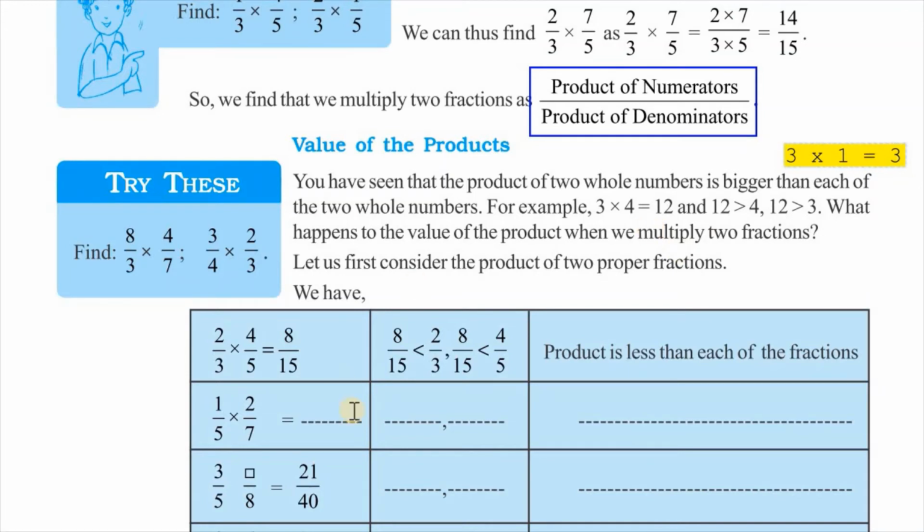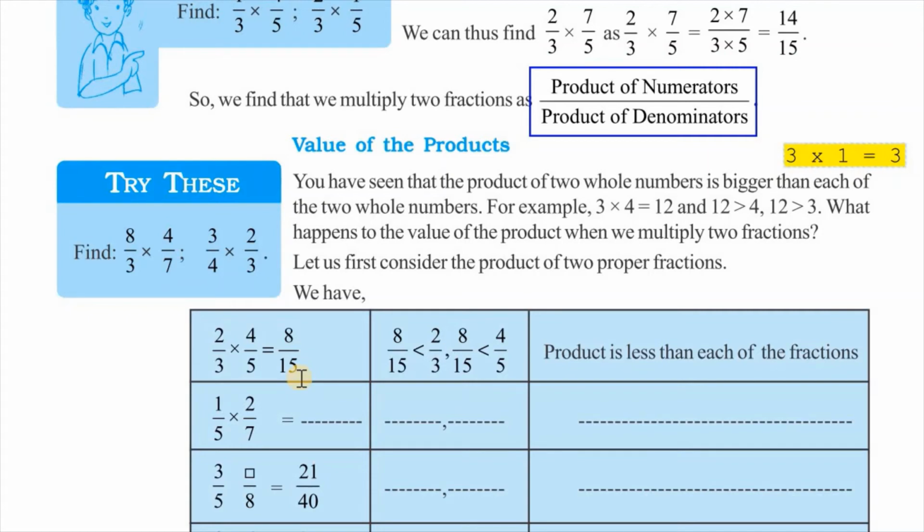Now let us take a look at fractions. Here we have 2 by 3 into 4 by 5. First we are considering only proper fractions. This is equal to 8 by 15. When we try to compare 8 by 15 with 2 by 3 and 4 by 5, how do you do it? You have to make them both equal to like fractions.